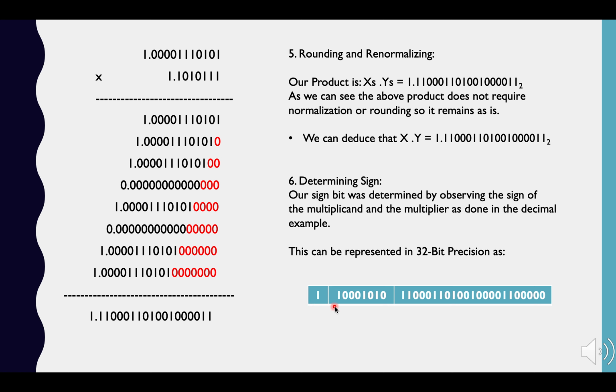We will have our 8-bit exponent expression equal to 138 in decimal for the biased value, or equal to 11 for the unbiased values, followed by 23 bits of the mantissa, which we can find by checking the bits after the decimal dot in our product, followed by a certain number of zeros to fill up the remaining 23 spots.